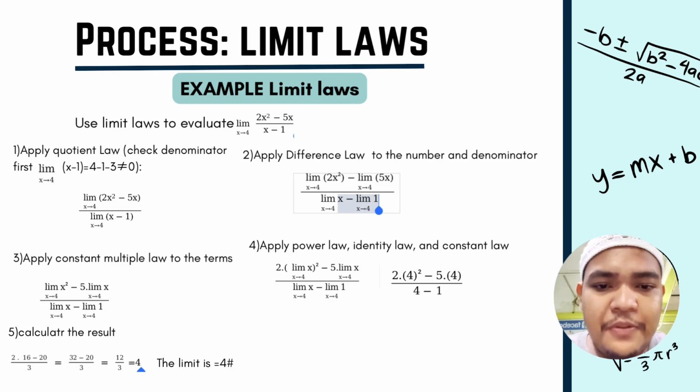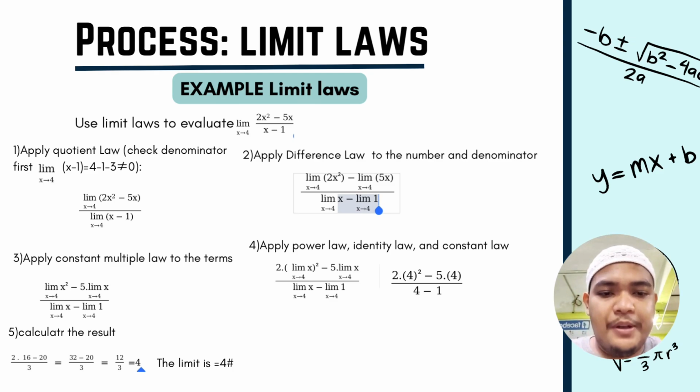Step 2, apply the quotient law to the numerator and denominator: limit x approaches 4 of 2x squared minus limit x approaches 4 of 5x over limit x approaches 4 of x minus limit x approaches 4 of 1.